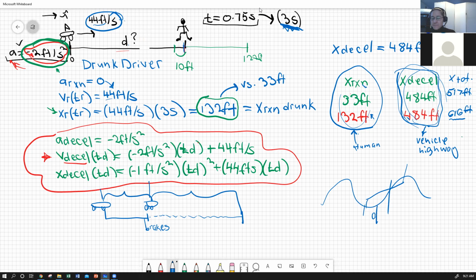Here's your D. If we know the human reaction time we're going to design around, we know what acceleration is possible given friction, tire characteristics, vehicle braking characteristics, then we can recommend a safe speed using these same equations. So we can work the problem from different aspects depending on who we are.